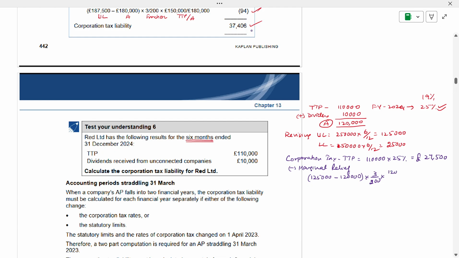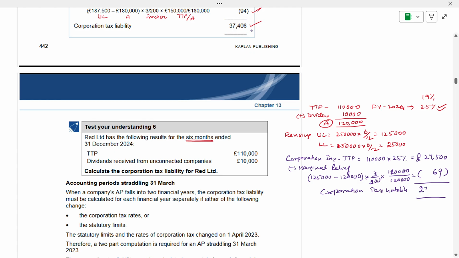Marginal relief. Upper limit is 125 minus 120, times 3 by 200, times TTP 110 divided by A 120.